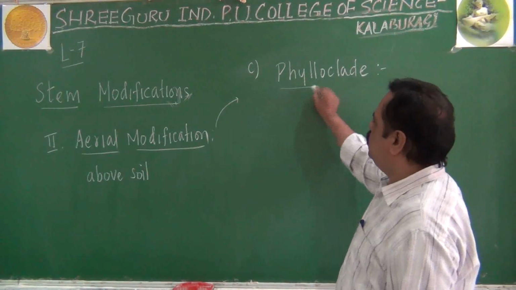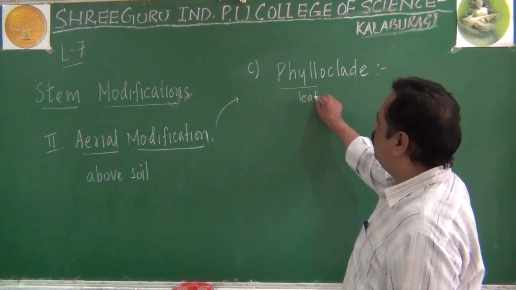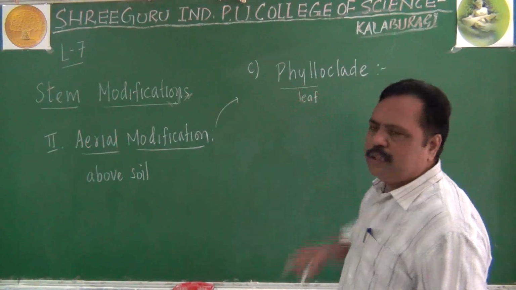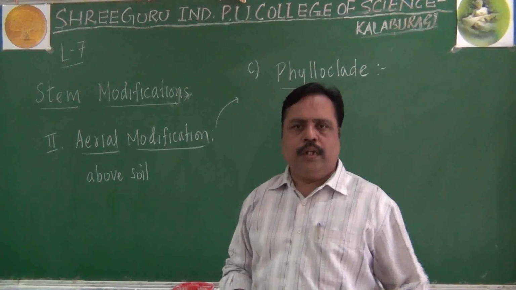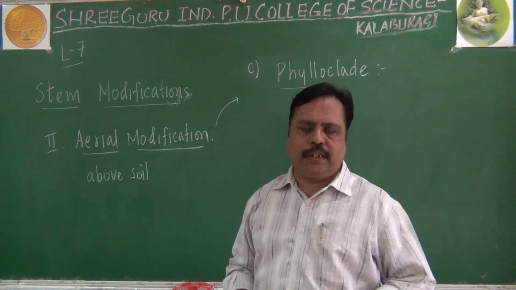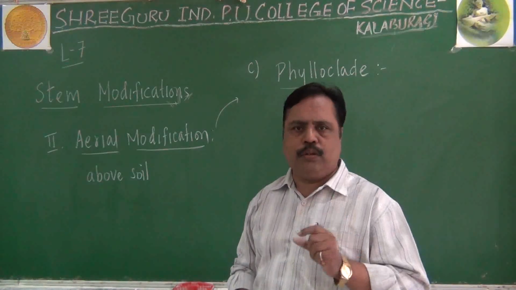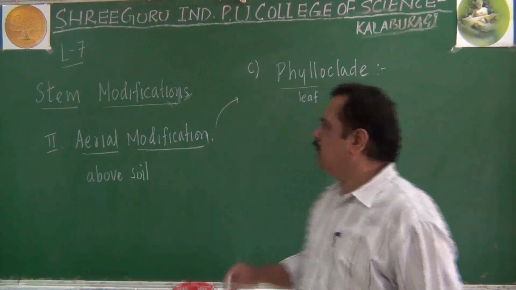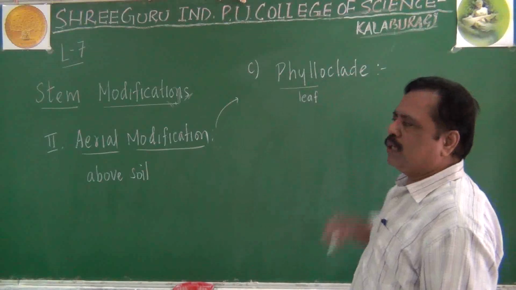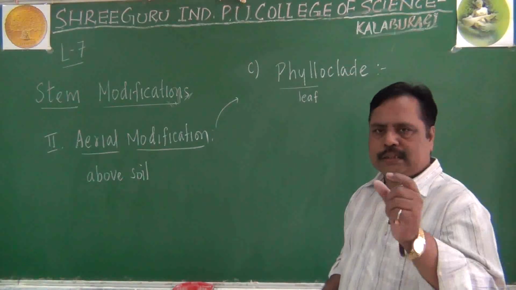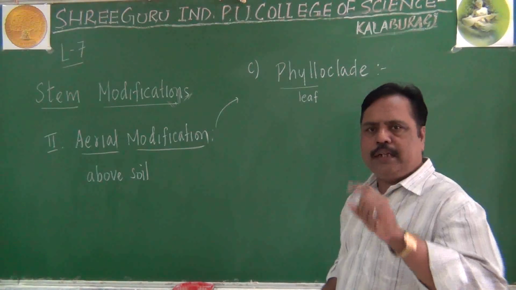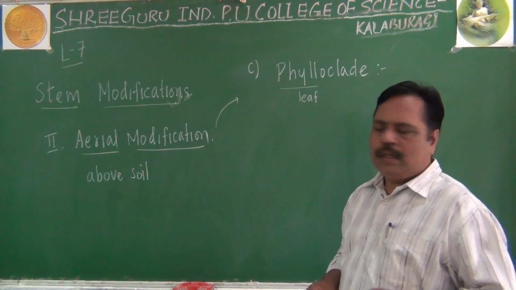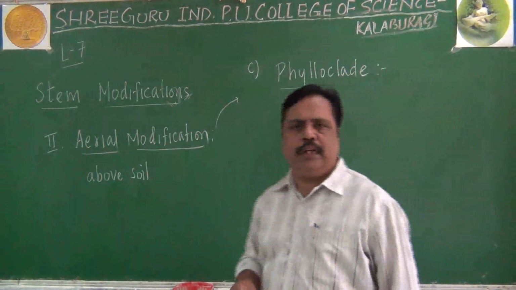Phyllo refers to leaf. So if a stem is modified into a leaf-like structure, then it will be called phylloclad actually. What is the difference between stem and leaf?